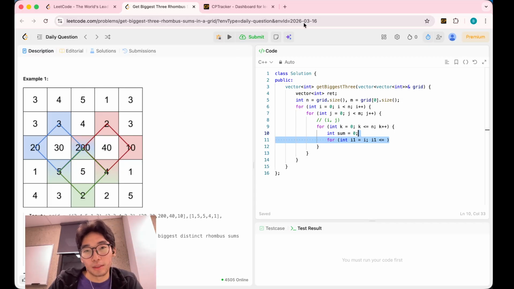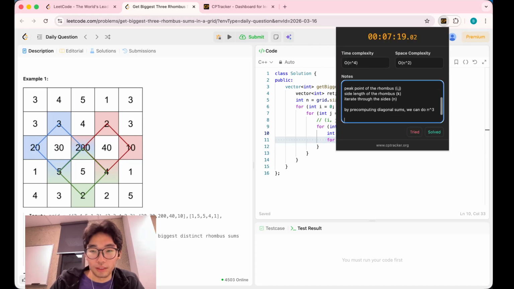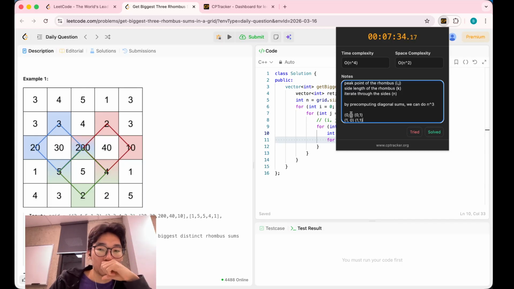Okay, let's be a bit more clear about the offsets. We have 0 0, 0 1, then 1 0 and 1 1. So the first would be i minus 0.